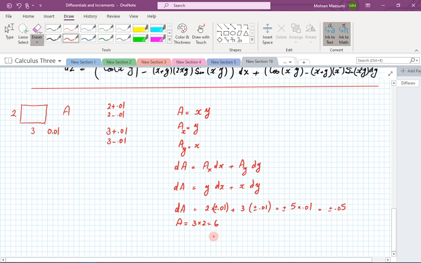So the magnitude of the error in calculation of the area is going to be plus or minus 0.05. Now when you go to your engineering labs and do these things, of course you're going to be dealing with formulas a lot more complicated than this. You have to calculate your partials and then multiply and figure out what the overall error is going to be.